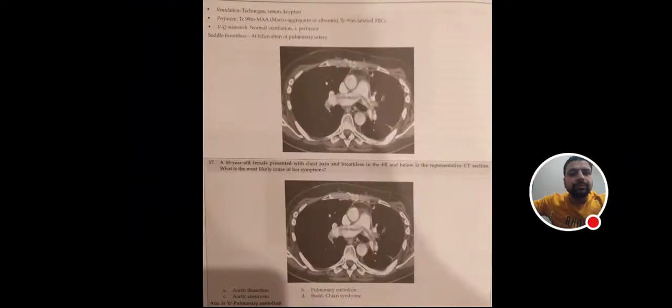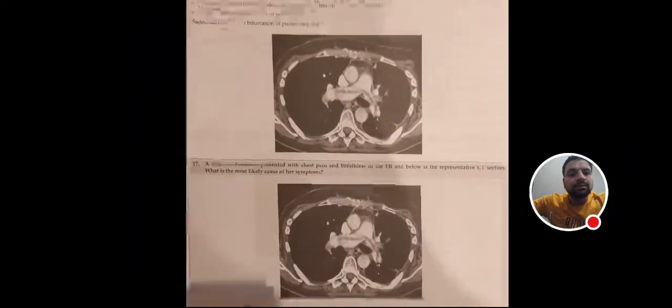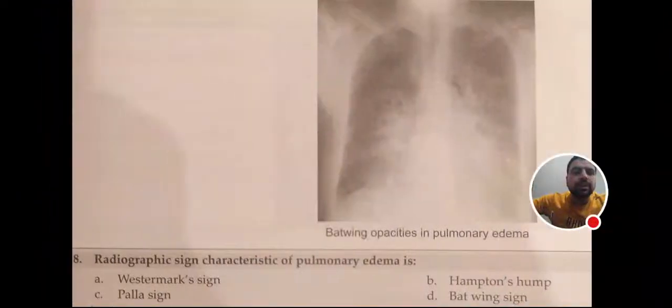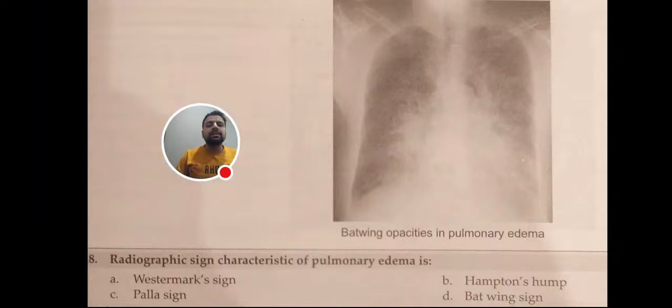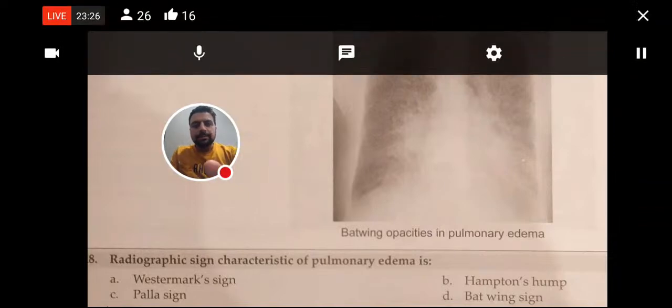Okay, so we already discussed this is a case of pulmonary embolism. Now, the radiographic sign characteristic of pulmonary edema is: Westermark sign, Hampton's hump, Palla sign, bat wing sign. So what is the best answer here?